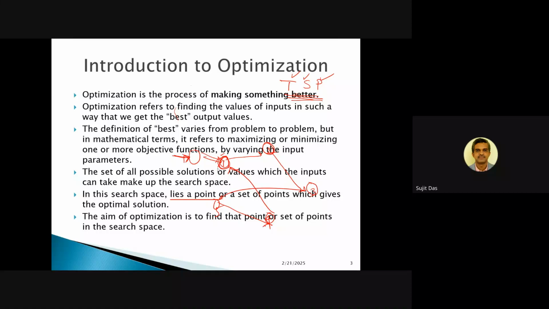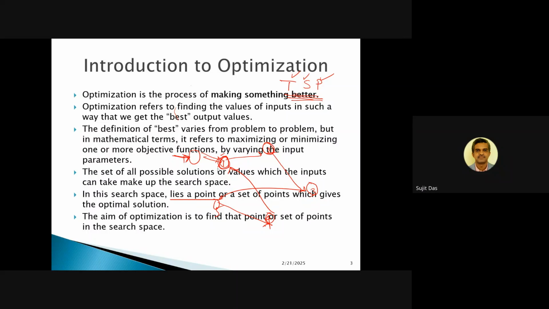That means if this is our objective, we want to optimize the cost. Now see, here the objective is only one. We try to optimize the cost only. Objective only one. So this is called single objective optimization. And if the objective is that I want to optimize the cost, and again I want to optimize the time also. See, firstly, in this traveling salesman problem, initially, the salesperson will try to optimize the cost.